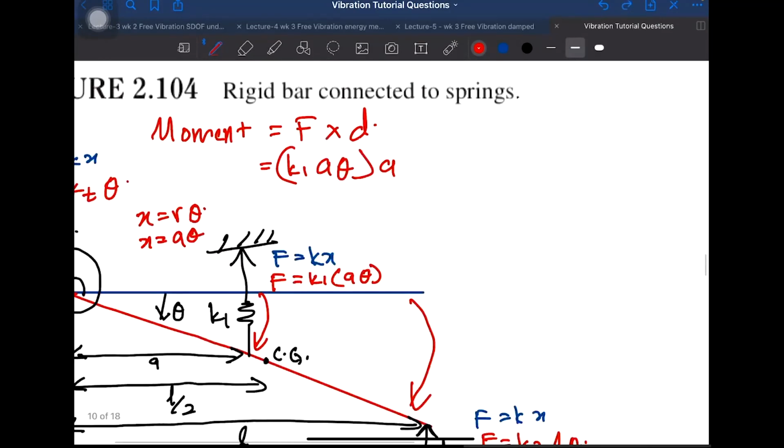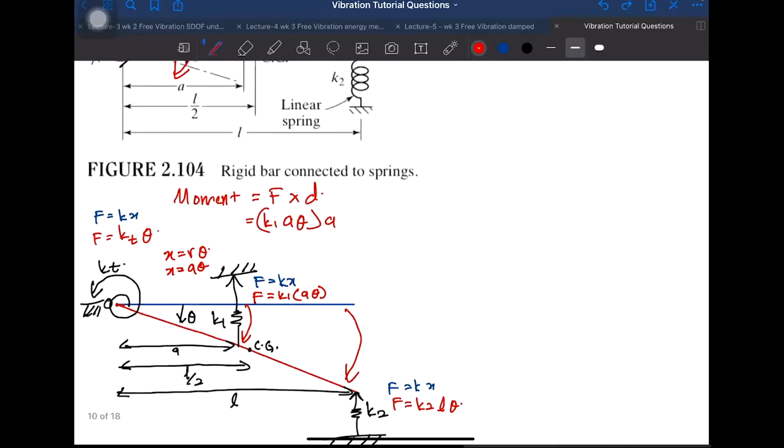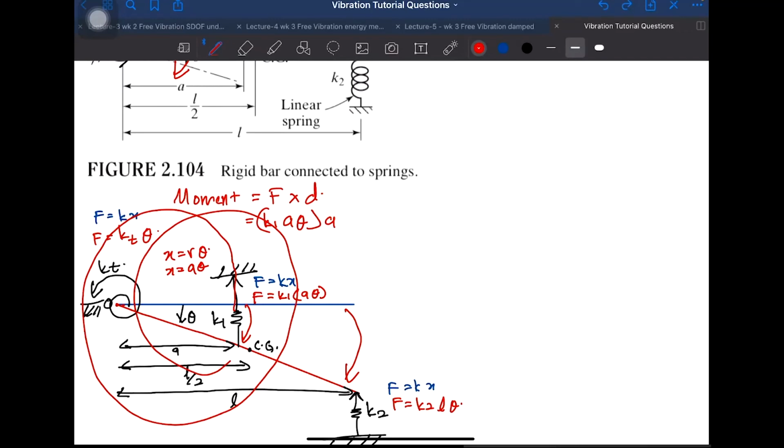Force times distance, and basically that is the direction. For K1, it is moving upwards from the pivot point, so it will be in anti-clockwise direction also.